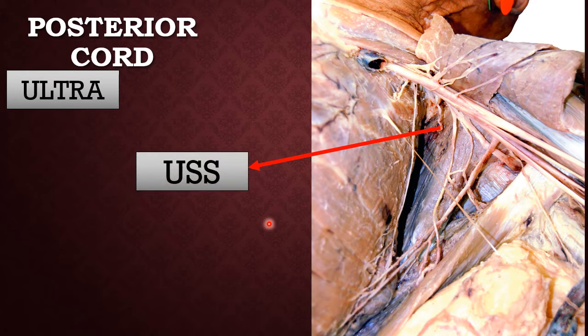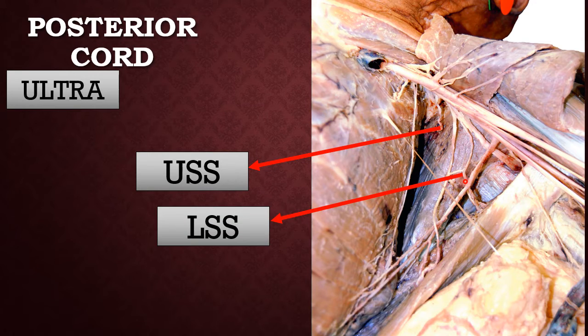Let me show you that. So this is the upper subscapular nerve. Can you find it here? This is a small slender nerve which is running downwards and supplying the upper part of subscapularis muscle. Then here you can identify the lower subscapular nerve, which is supplying the lower part of the subscapularis muscle.